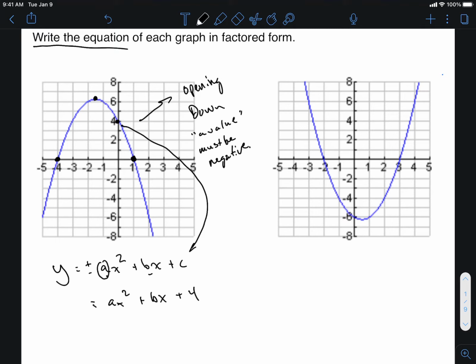So that's as far as we can get with this equation, which is the limitation of it. It's not a great equation. It can really only tell us two things: y-intercept and direction of opening. That's pretty much it.